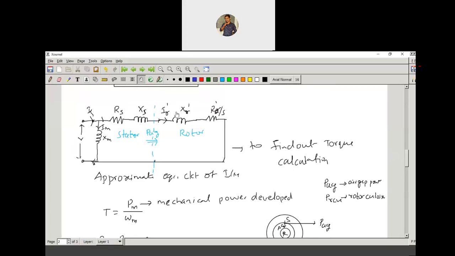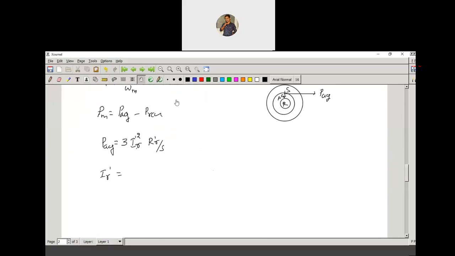So IR dash equals V over the resistance part, RS plus RR dash by S, plus j times the reactance, stator reactance XS plus rotor reactance referred to the stator XR dash.